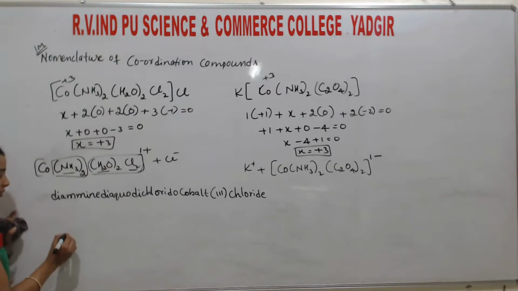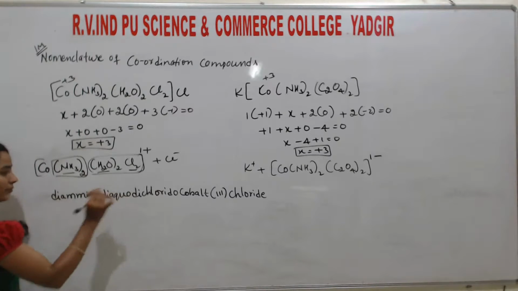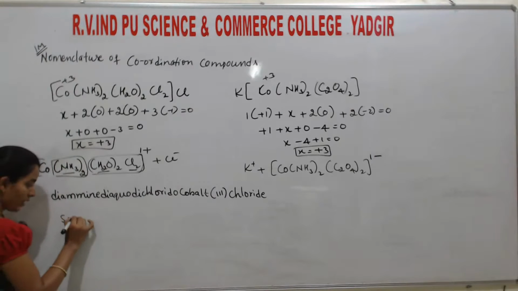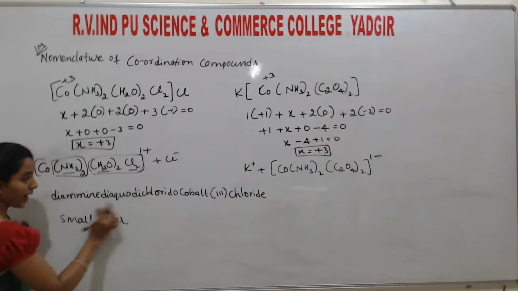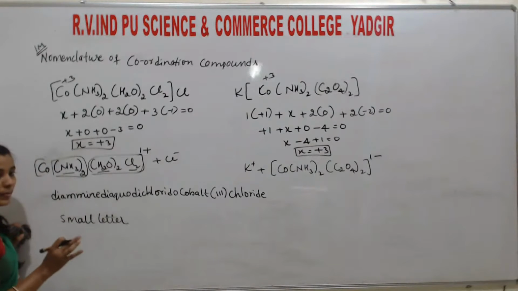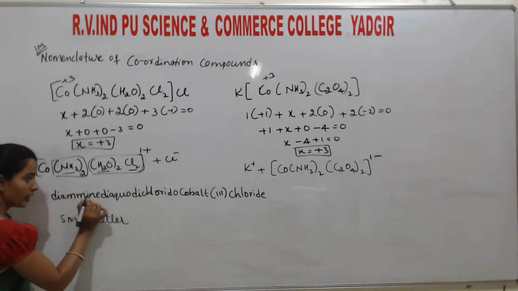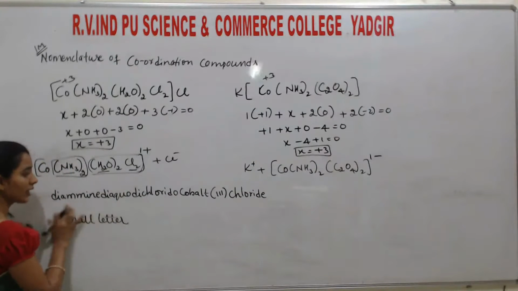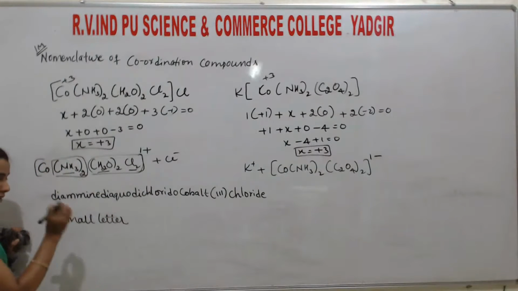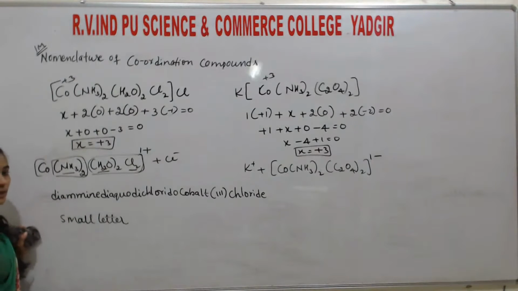So students, remember one thing, always the name is in small letters and there is no gap between any word. Understood? So diamine, diaqua, dichloride, cobalt 3 chloride, there is no gap between the words. This is also a rule to write the name of the complex. Understood?